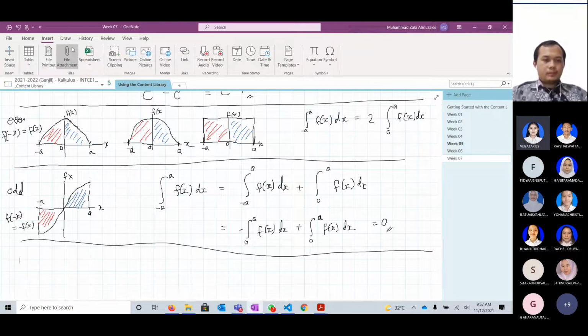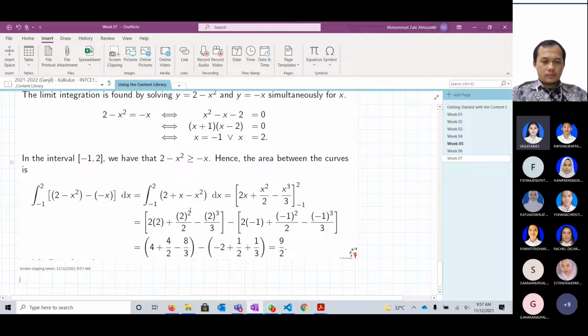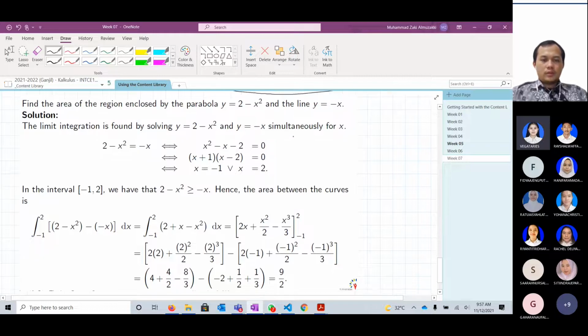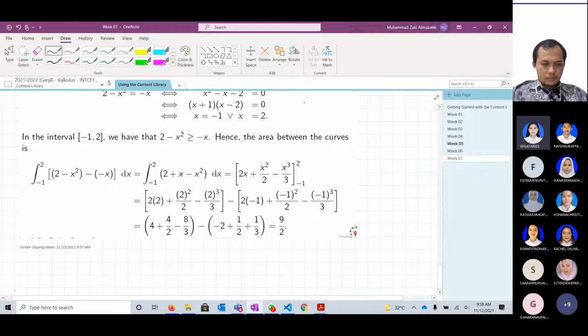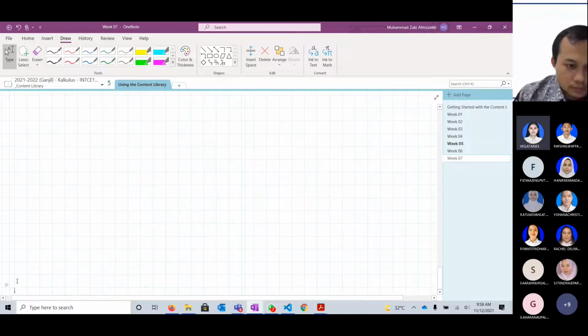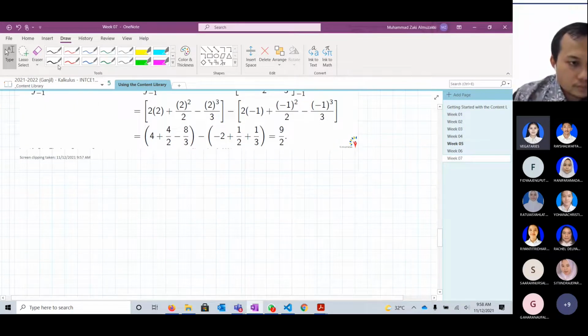Okay, for this one, if we draw y equals 2 minus x squared and y equals minus x, yeah.